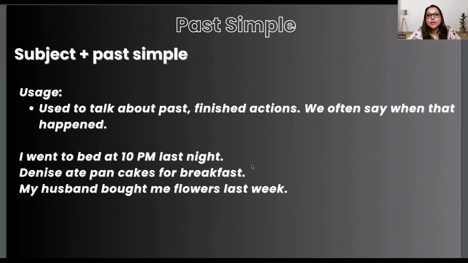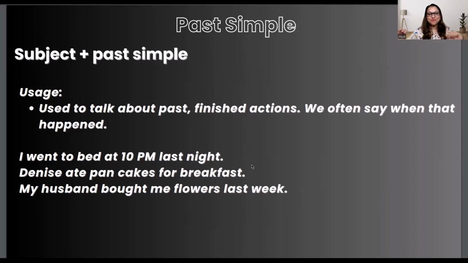Now let's discuss past simple. Native speakers generally talk in past simple about 50% of the time. The structure is really simple: subject plus past simple. As I have mentioned, only with simple past you use the second form of the verb. So that is quite simple.